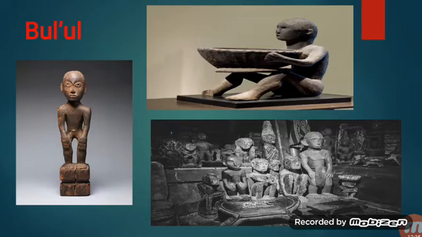Bulul is a carved wooden human figure with simplified forms made from a narra tree, which signifies wealth, happiness, and well-being to the Ifugao.